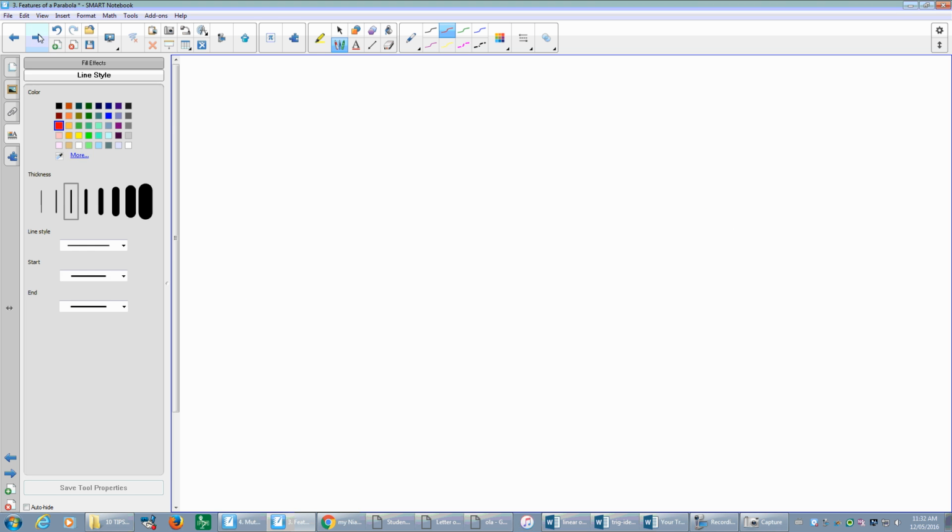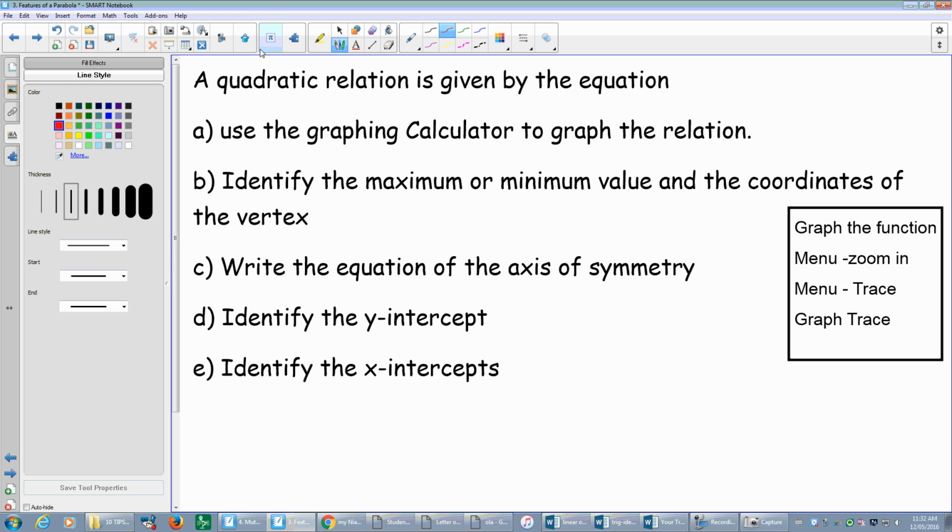Okay. The next question we're going to do, I didn't even write it in. I'm going to show you how to use this on your graphing calculator. So the next page in your workbook, I believe, is blank. Can you please copy this example down? I'll give you a moment to copy that down, please.